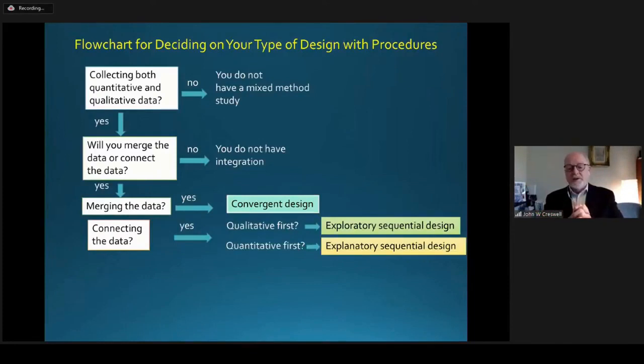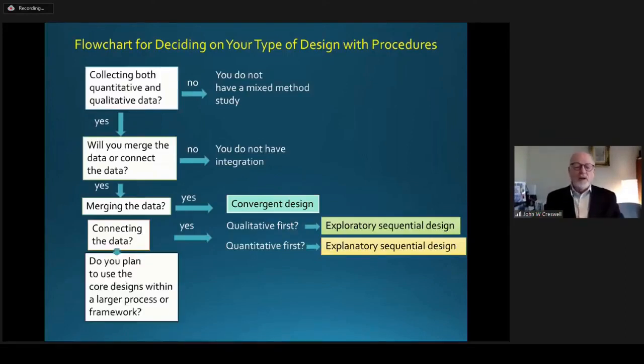Now you have an explanatory sequential design. So following this, then, do you plan to use these core designs within some larger process or framework? And often in large funded projects covering many years, we do have a complex design. If you're not bringing it into larger process framework, you're dealing with one or more of these core designs.